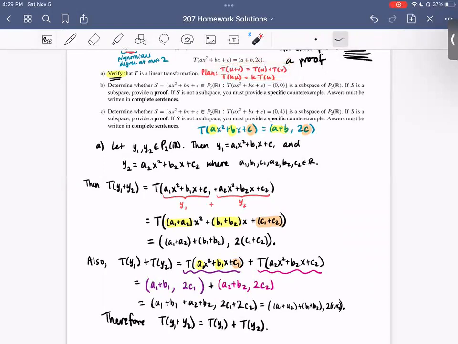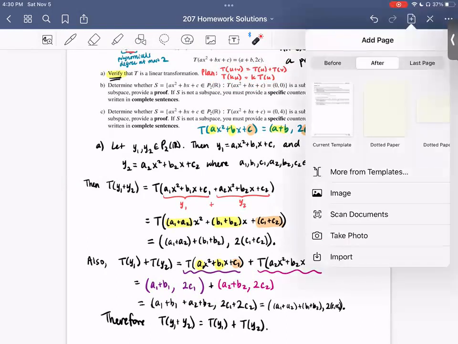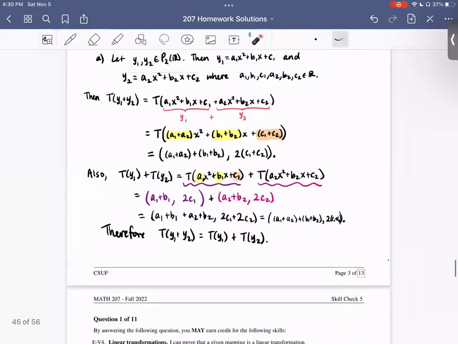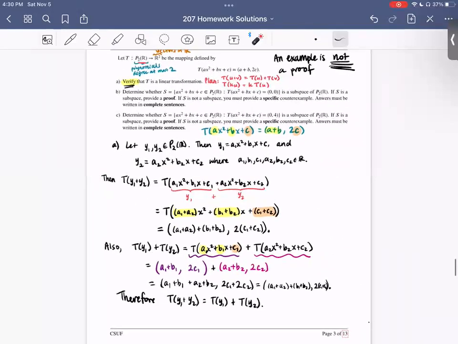Now we need to show the second part, that if I take the transformation of a scalar times a second degree polynomial, I get the scalar times the transformation. I'm going to give myself a new page here, but I'll keep the questions on here. So let me pull this back up so you can pause and look at this.